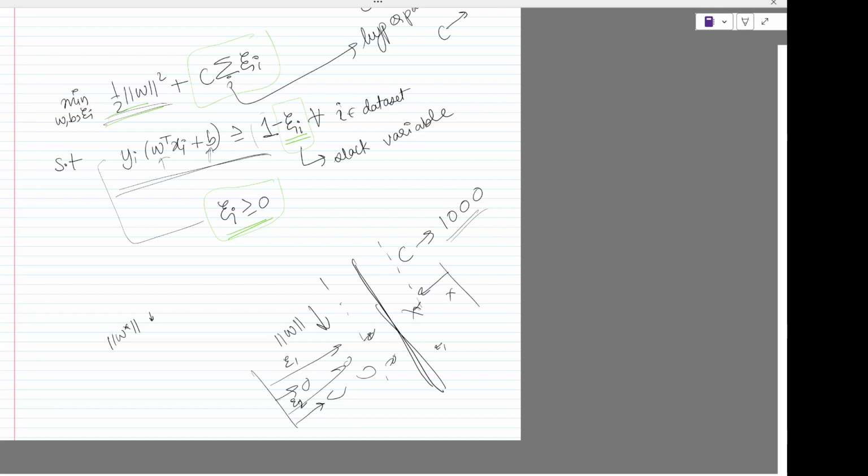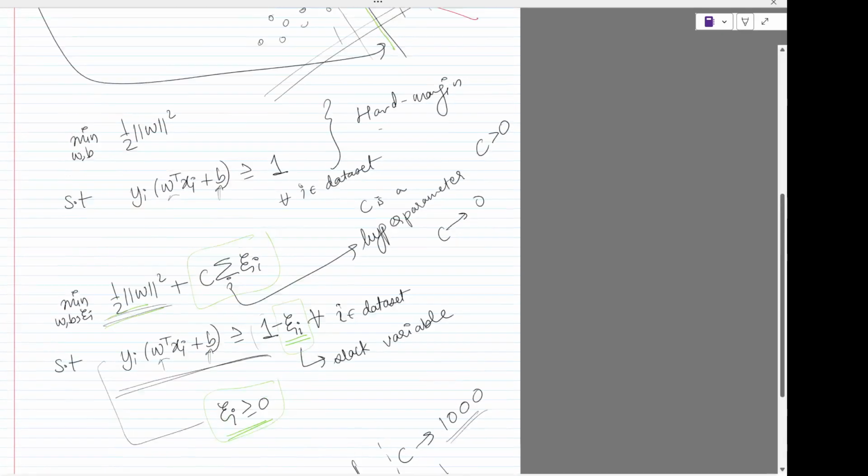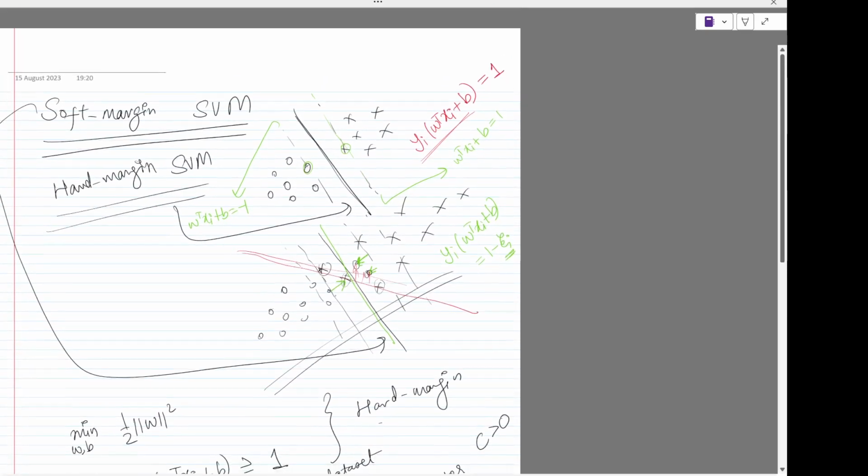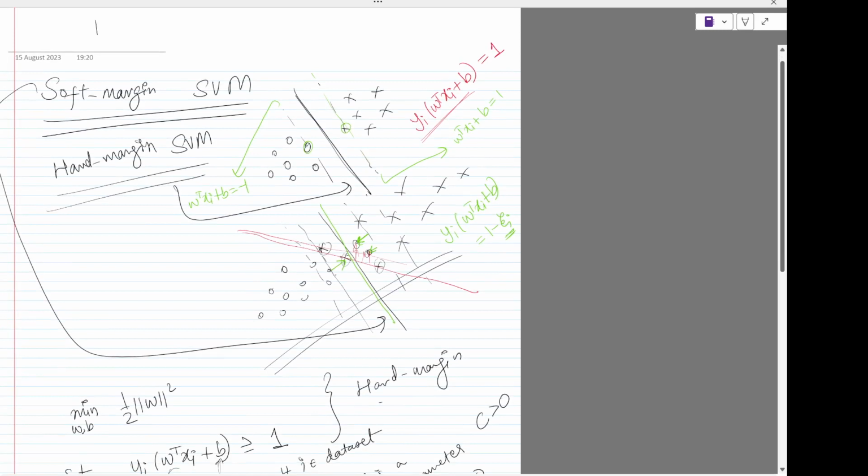If you want to read more about it, there is a book by Peter Flach called Machine Learning. In that book there is a very good, intuitive explanation of this.